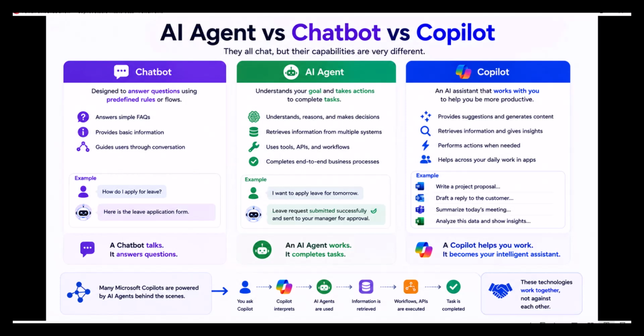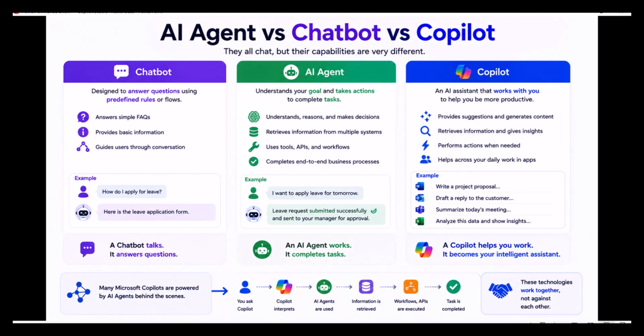It follows predefined rules or flows. It can answer simple FAQs, provide basic information, and guide users through a conversation. However, it has limited intelligence. If you ask a question outside its predefined knowledge, it may fail to answer correctly.